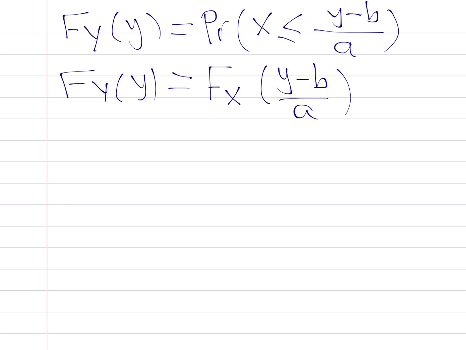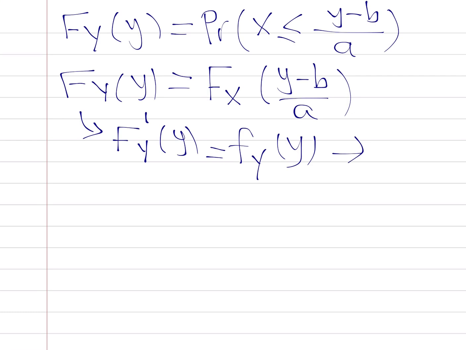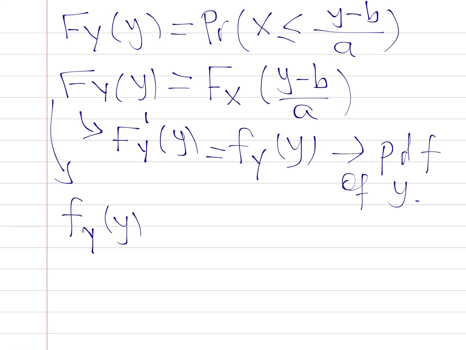Now we know that to find the probability density function of y, we need to find the derivative of the cumulative distribution function of y. This is equal to f_Y of y, which is called the probability density function of y.